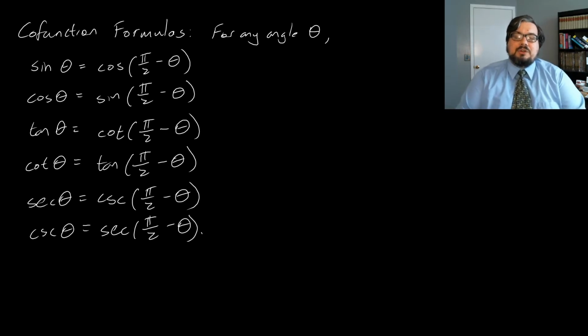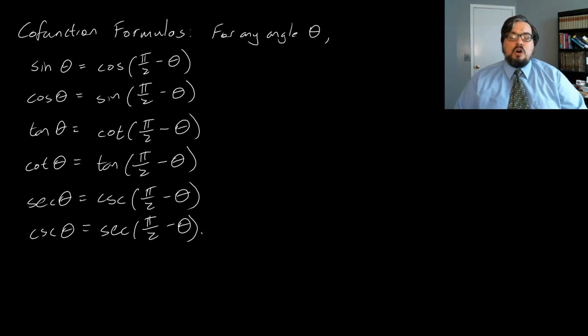In particular, one of the things that the cofunction formulas allow us to do is to translate between expressions involving a function and its cofunction. If I have any expression that involves sines, I can always replace all those sines with cosines.